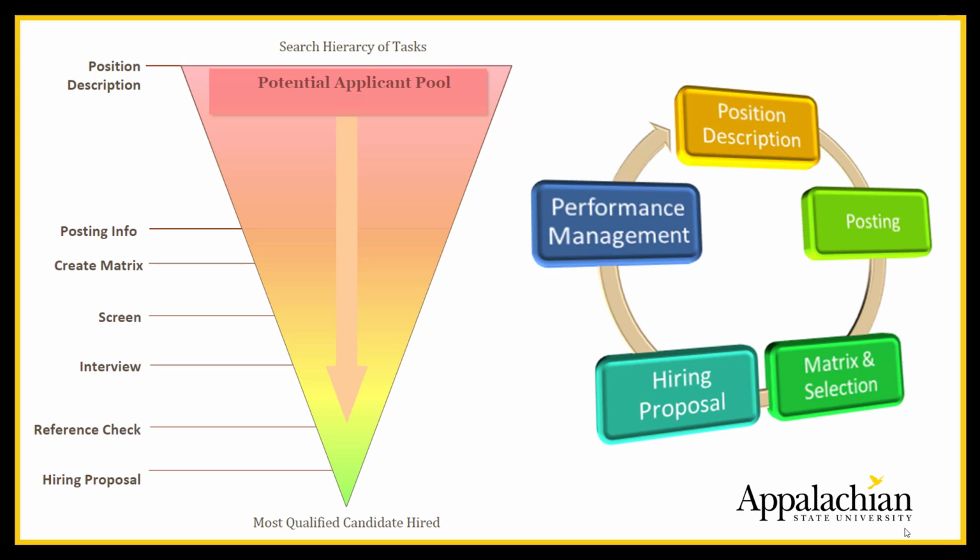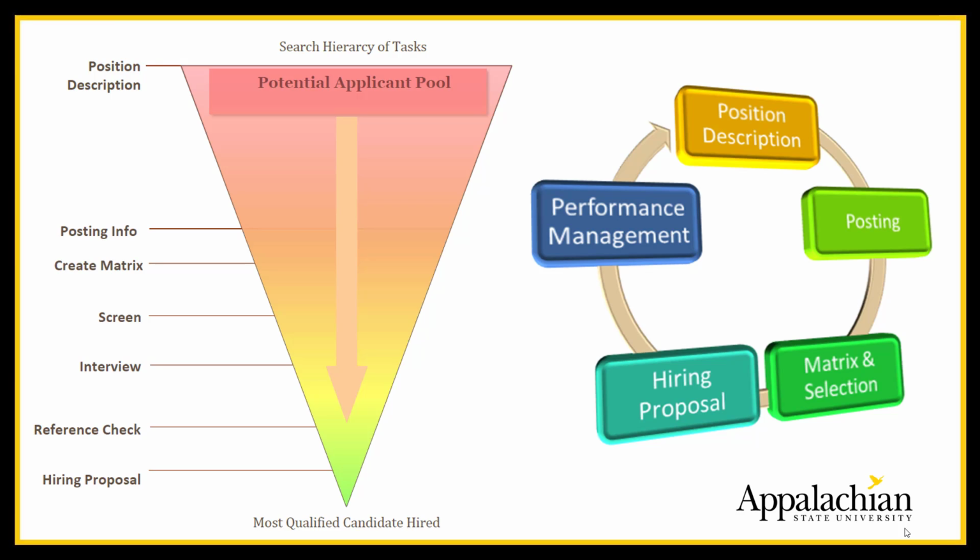Here's another outline of how this cycle is so important. It all starts with a position description, which drives the posting. The posting attracts your talented pool that you wish to hire from. And the position description helps you develop and create the matrix and go through the selection process.